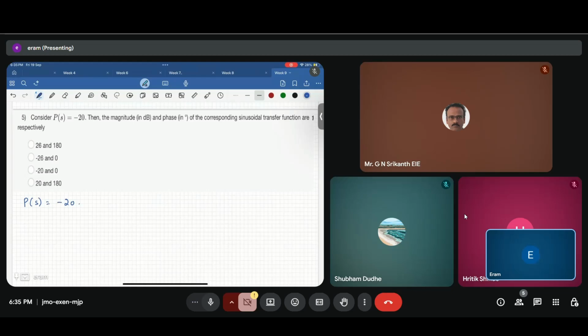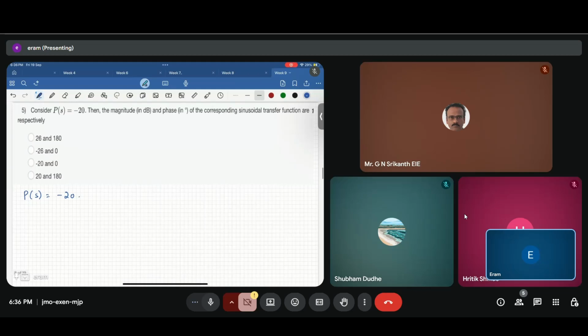Magnitude in dB. What will be P of j omega?